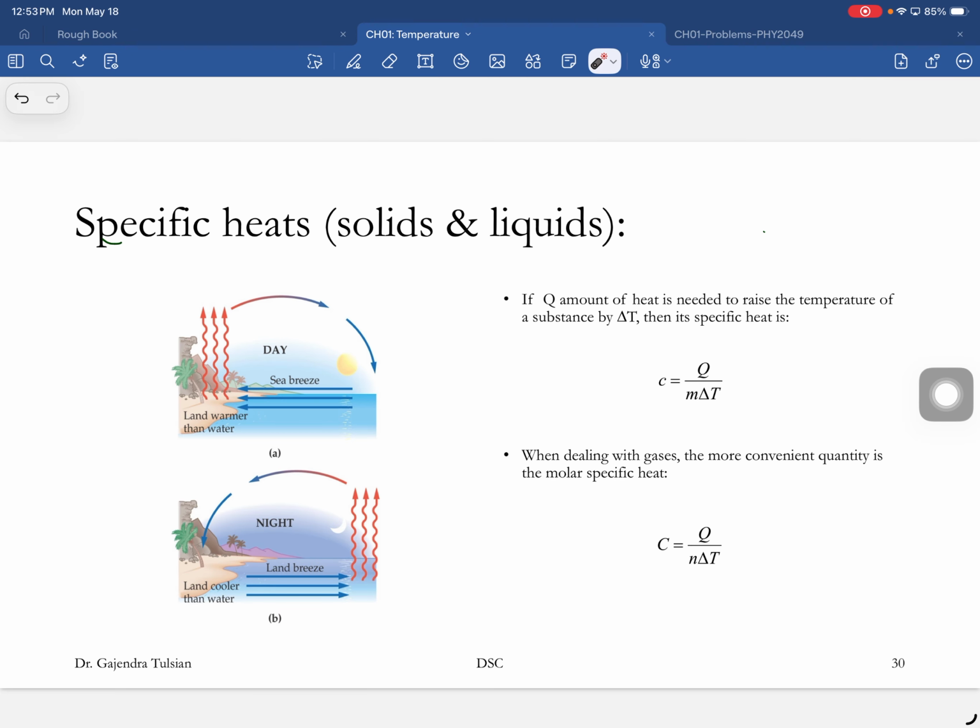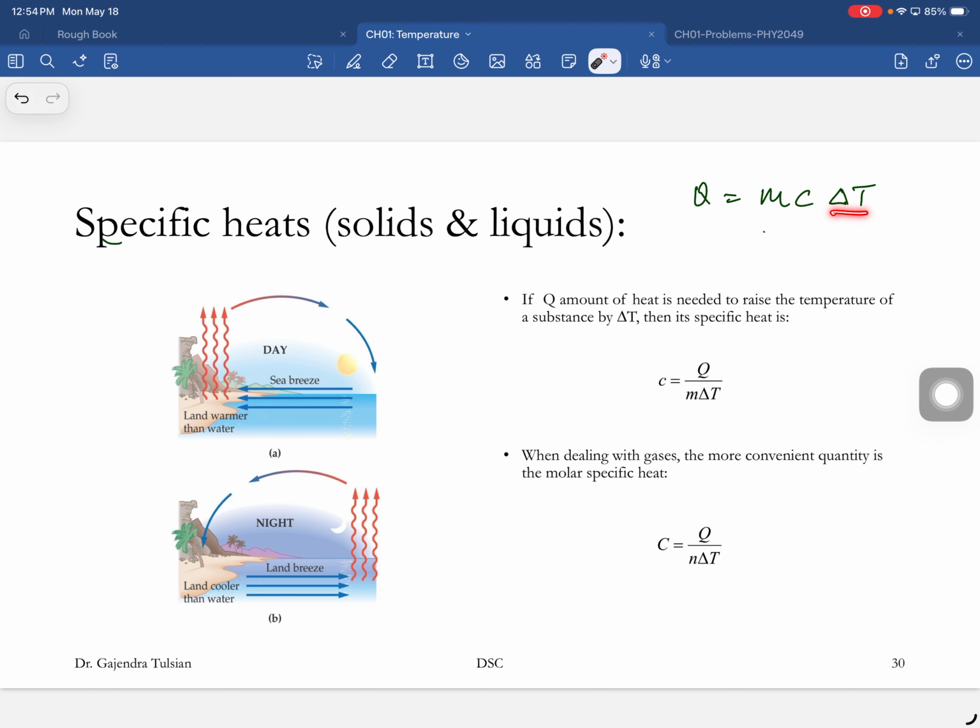Let's say we have equal amounts of radiation falling during the day. Equal in 1 hour, so much heat, Q, fell in the form of radiation. This is the specific heat. Remember, the specific heat of water is 6 times greater, so the temperature rise was 6 times less.